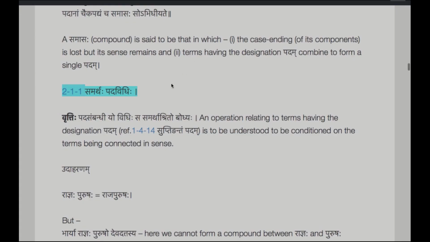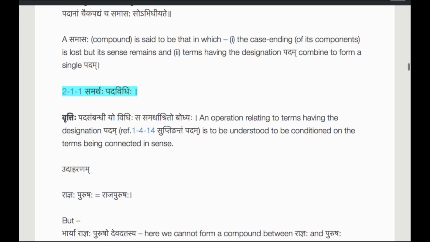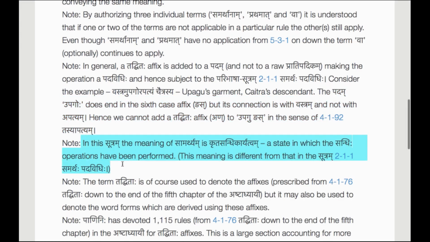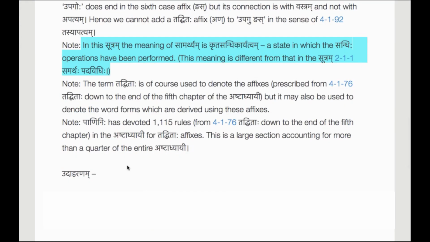The next note here says that in this sutram, the meaning of samarthyam is krita sandhikaryatvam, a state in which the sandhi operations have been performed. We will see this in greater detail when we take an example.